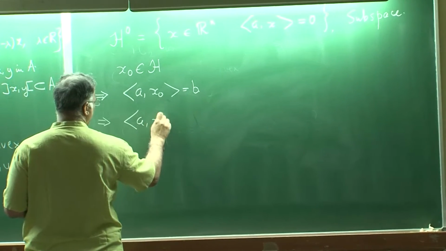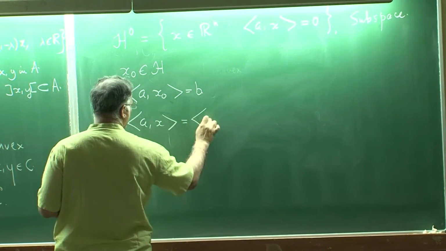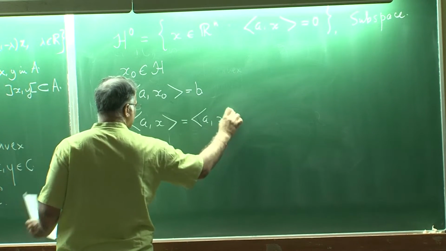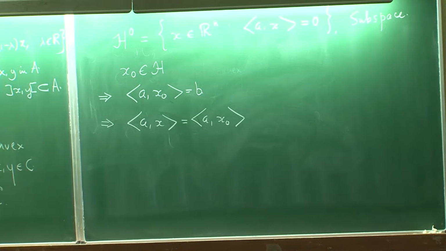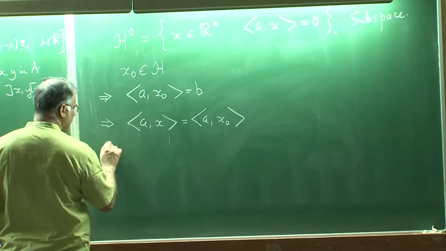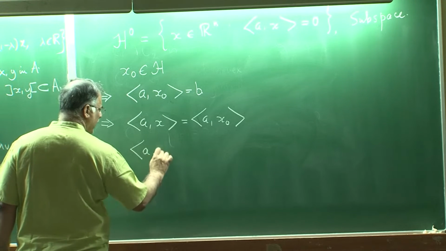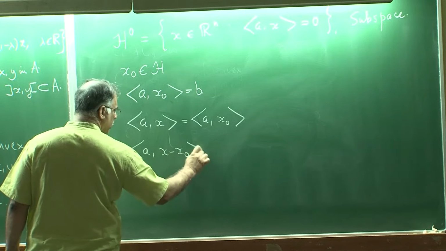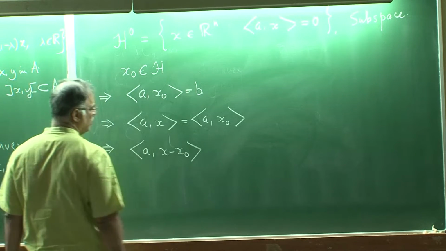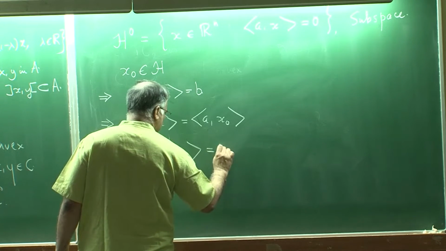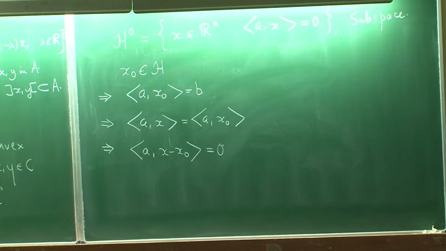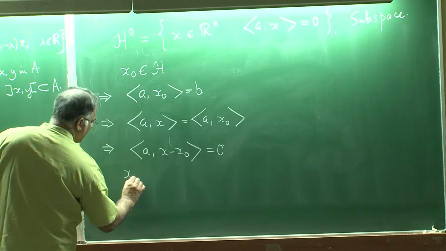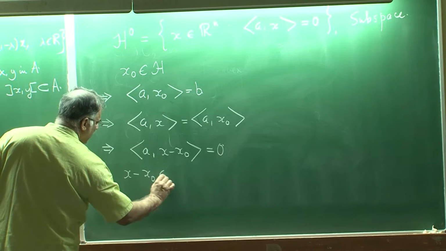So, A of x is equal to A of x naught. Now, this implies that A of x minus x naught is 0, when you bring this to this side and use the rules of inner product, dot product. So, what does it simply show? It shows that x minus x naught is an element of H naught.